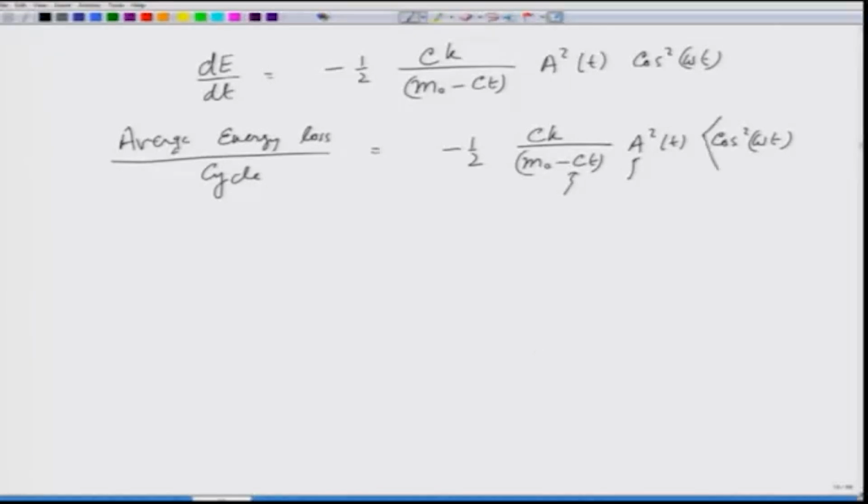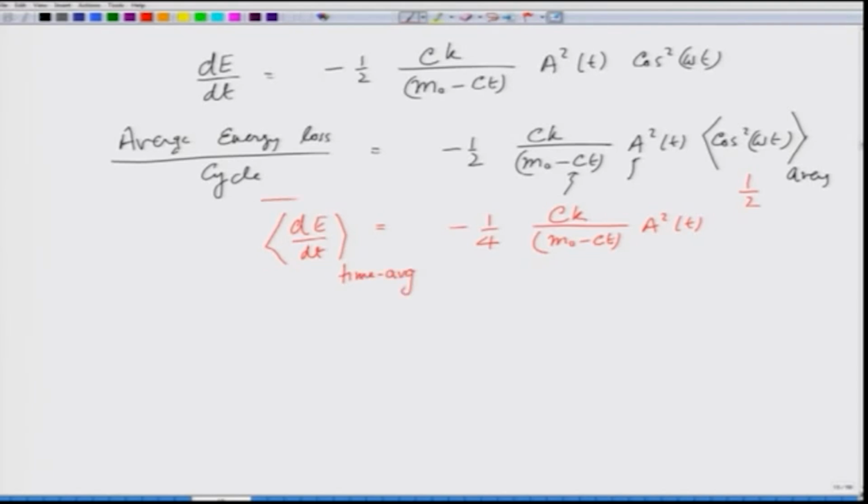So, I will take time average of this quantity only. And what is the average of this quantity? This is 1/2 over a period. So, average energy loss per cycle is minus a quarter c k over m naught minus c t, A squared t. That is dE/dt time average. These angular brackets represent time average.